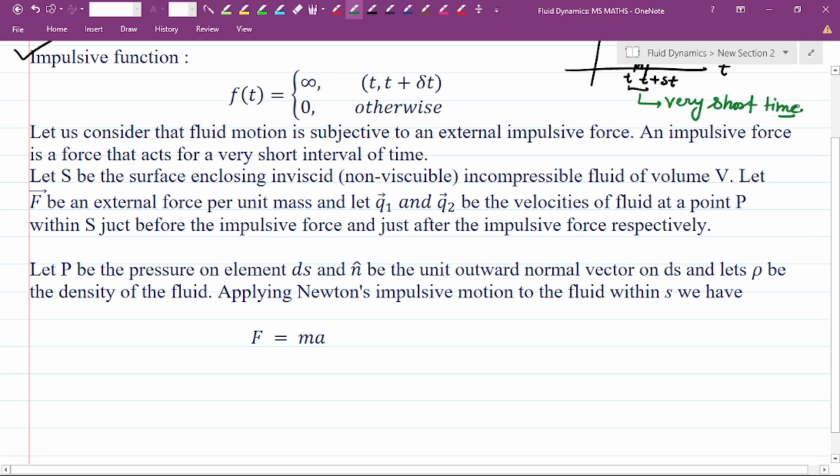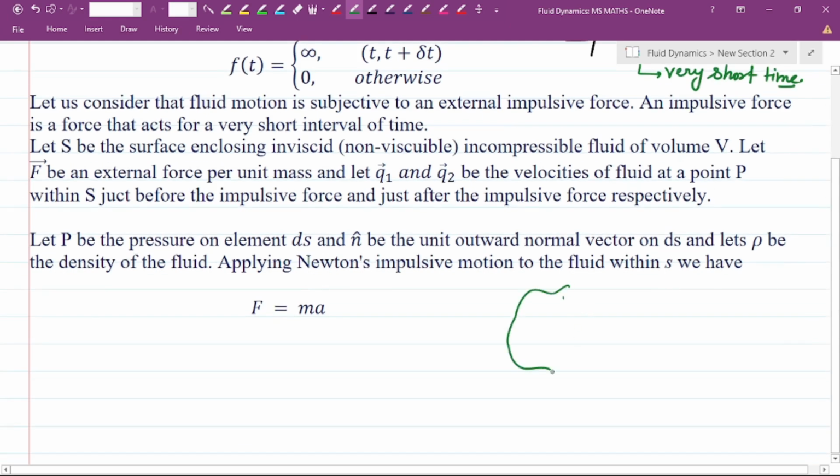Now, let S be the surface enclosing an inviscid, that is non-viscous, and incompressible fluid of volume V. If I define a surface like this, this is my unit volume, dV or delta V, and the whole volume is capital V, with a point P. Then there are two different velocities, q1 vector and q2 vector.